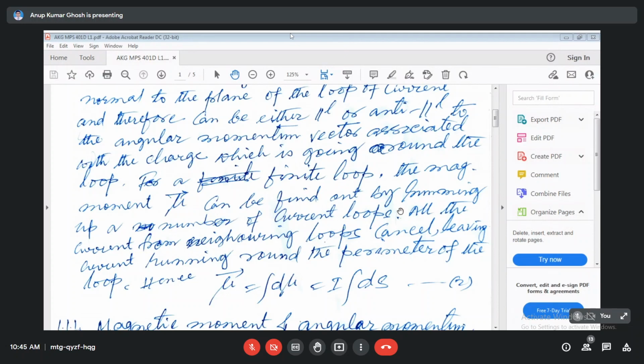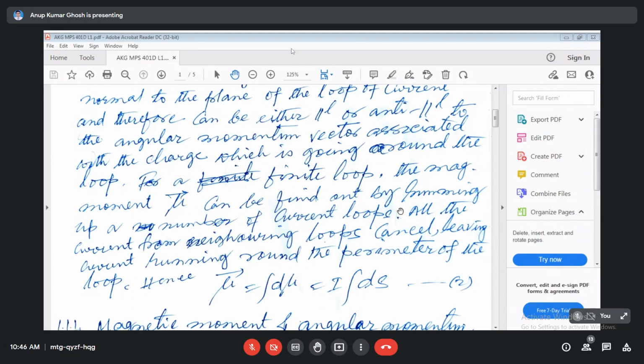I should draw the figure, but unfortunately it is not there. So you take a closed loop, a small loop within the bigger one. Let's say this is a circle, another circle, two circles are there, three circles are there, which have one side touching the circumference.